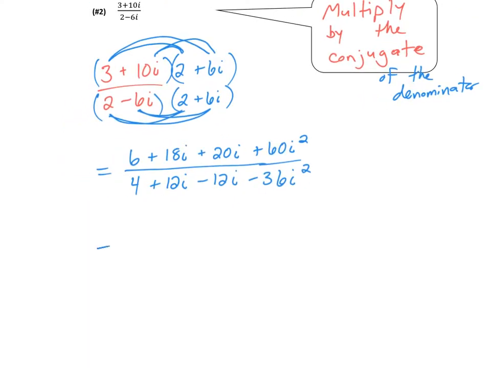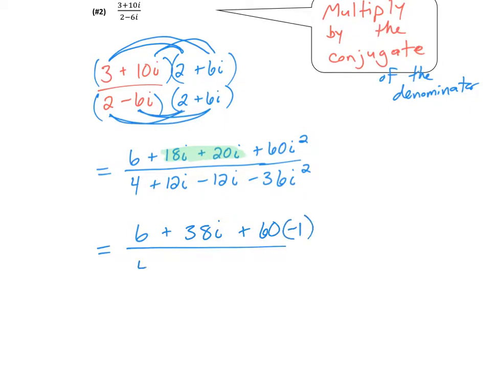So we get that by foiling. Next, let's combine like terms and change the i squareds into negative ones. So we have a 6. We can combine the 18i and the 20i. 18 plus 20 is 38i. And then this 60i squared is now 60 times negative 1.